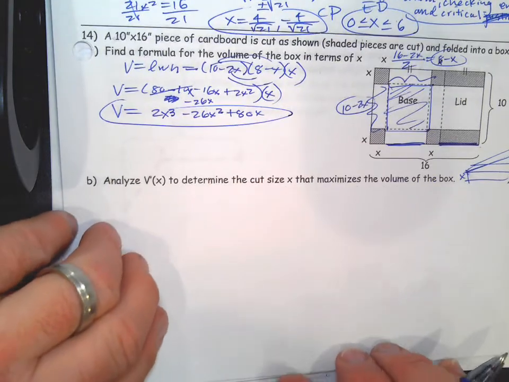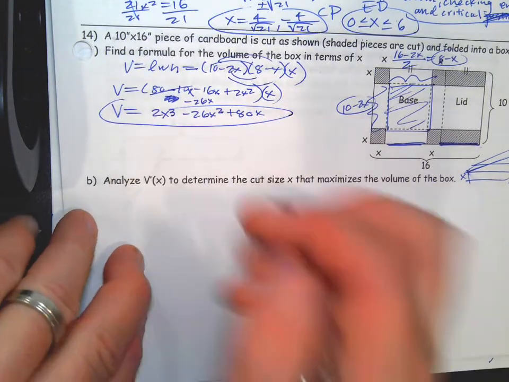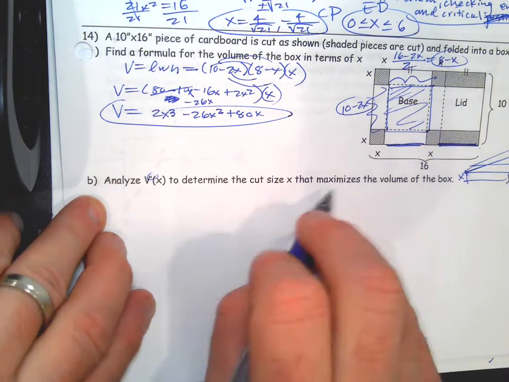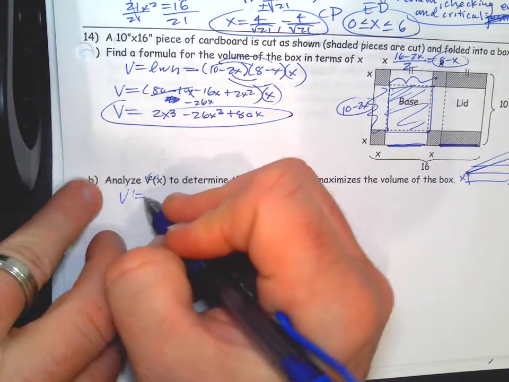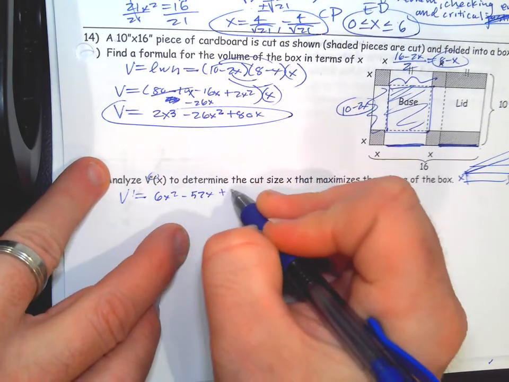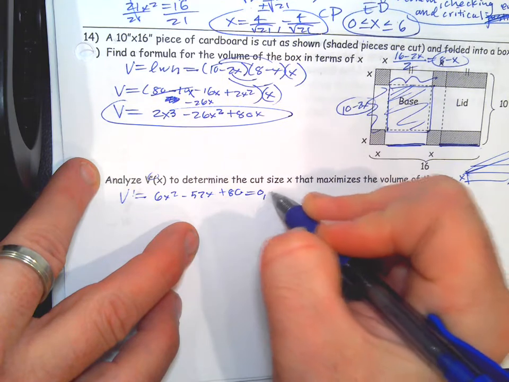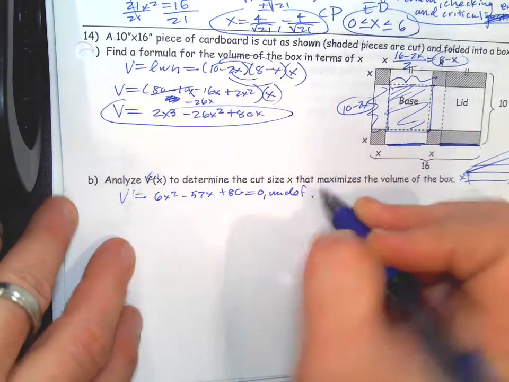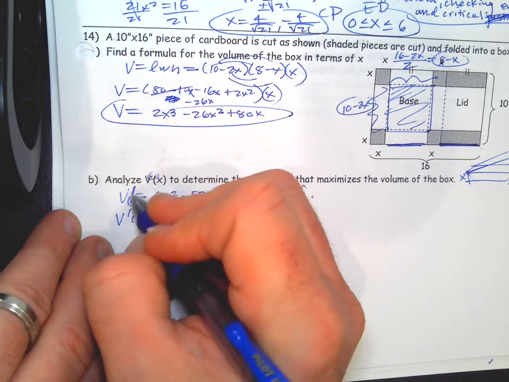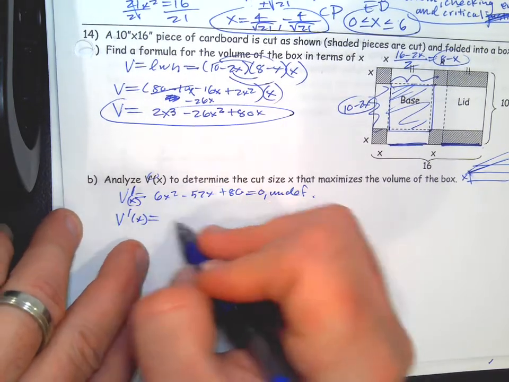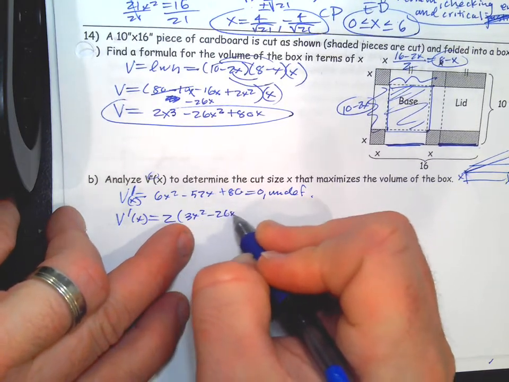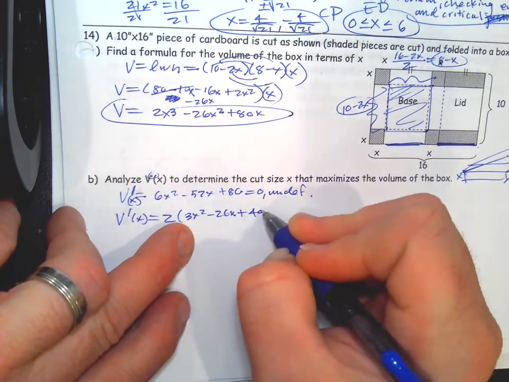Okay, no calculus yet. Now comes the part where we analyze V prime to determine the cut size that maximizes the volume of the box. So V prime equals 6x squared minus 52x plus 80, set equal to 0 or undefined. Let's see if we can factor this. We can take a 2 out: 3x squared minus 26x plus 40.